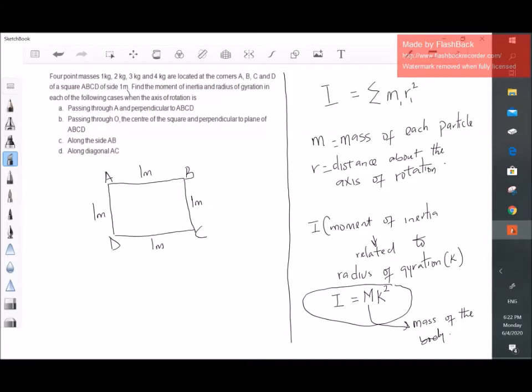At point A is 1 kg, at point B is 2 kg, at point C is 3 kg, at point D is 4 kg.